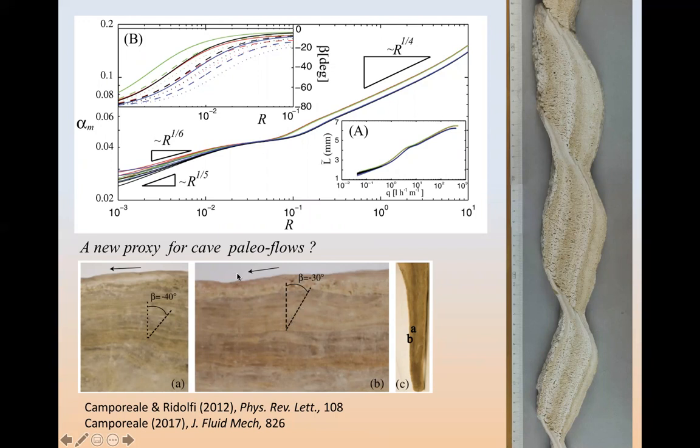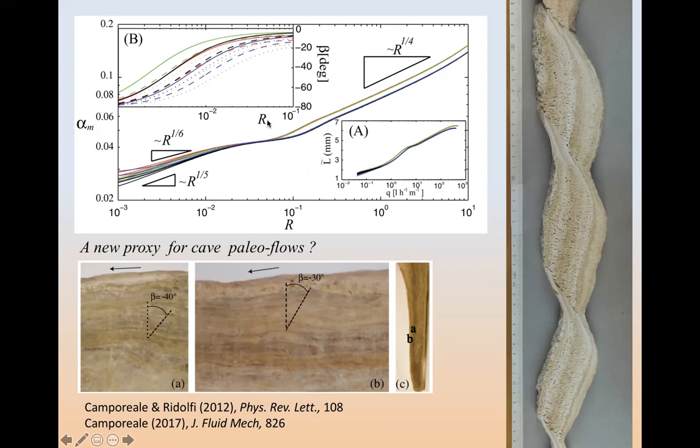In fact, you see the arrow is the direction of the flow, which generated the stalactites and also the perturbations. And we see the celerity, the propagation of the maximum. So beta is related to the celerity of propagation, and it depends very well on the Reynolds number.